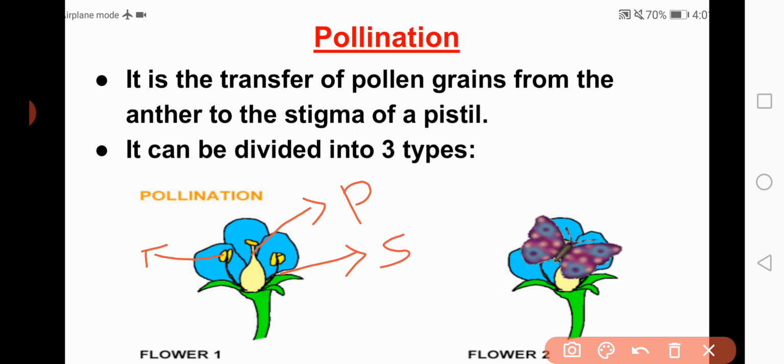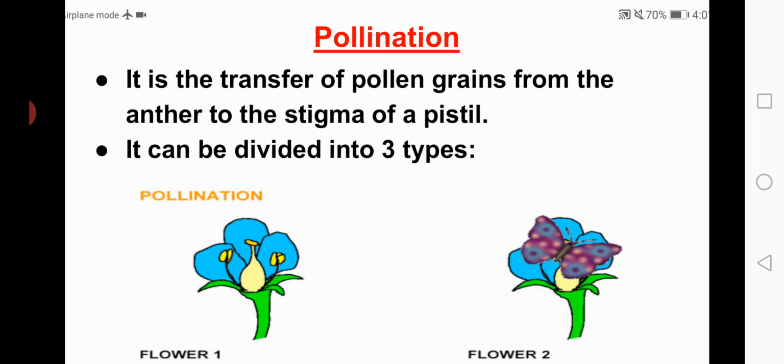The tip part is called the stigma, which receives the pollen grains. And the ovary contains the ovule where the female gamete is located.